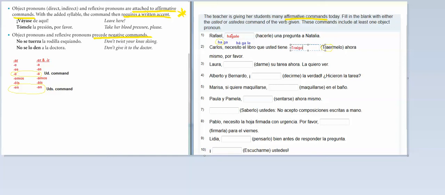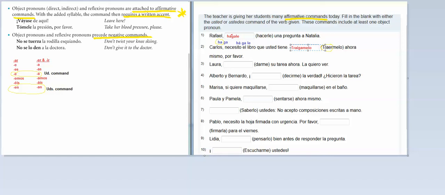Now traer is an ER verb, so I go over here to ER. I'm telling one person, just Carlos, to bring it to me. So it's going to be an usted command, I'm going to make it traiga, and then I'm going to stick those pronouns back on the end because it's an affirmative command.